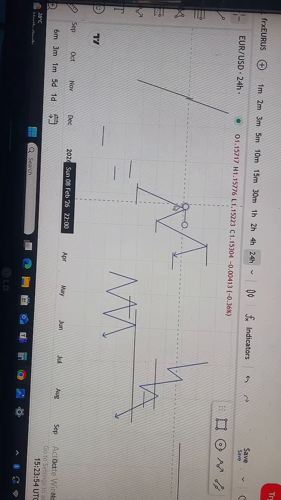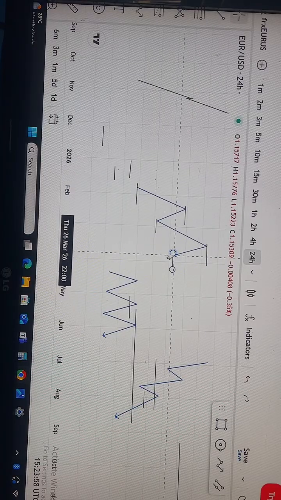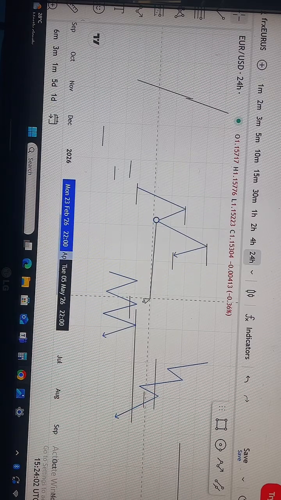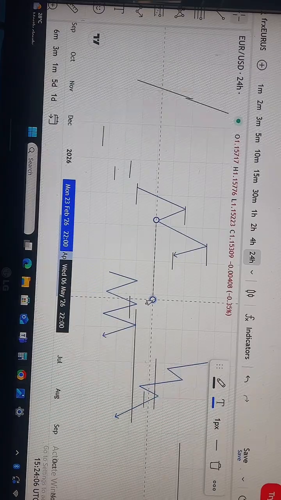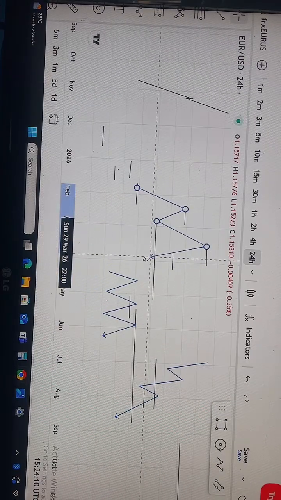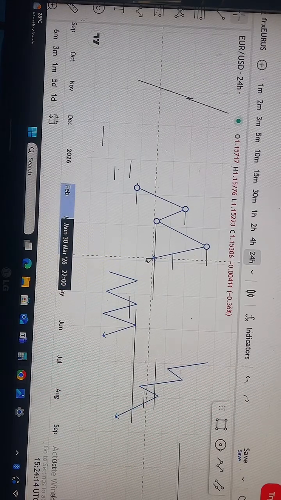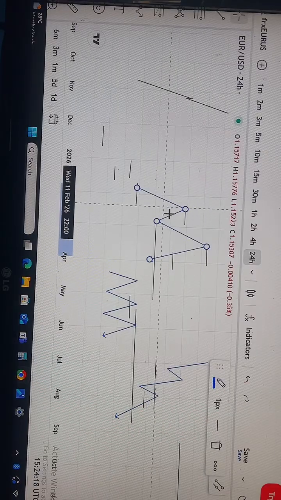So when we have higher lows, this is wave 1, wave 2, wave 3, wave 4. Now the low of wave 4 must not come to the origin of wave 3, which is the low of wave 2. This must not happen, because when this happens, this character has been changed.